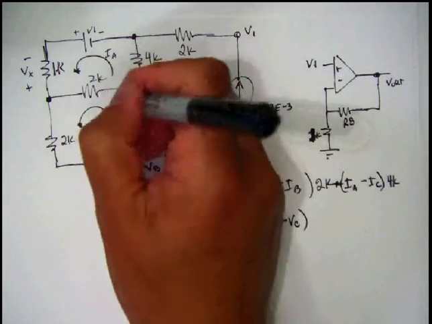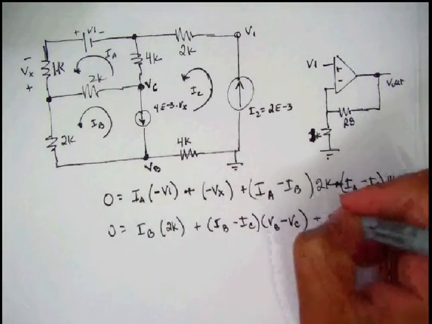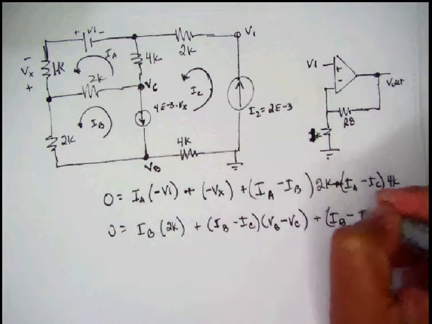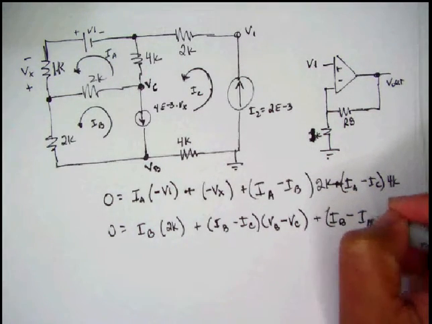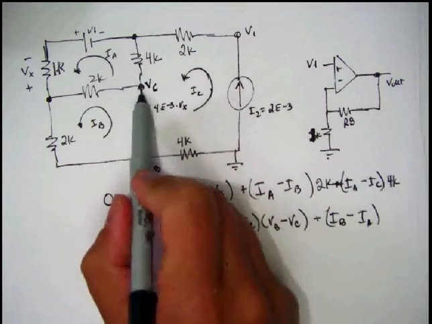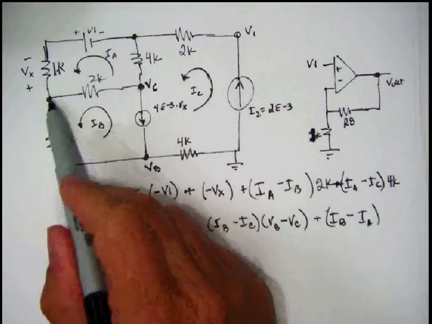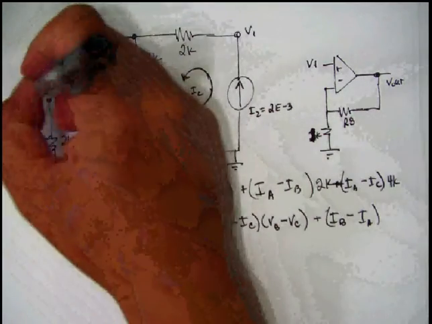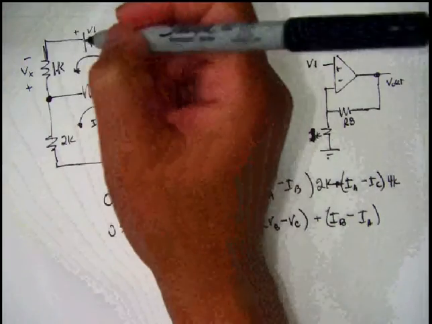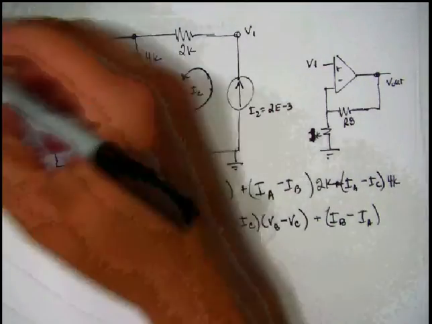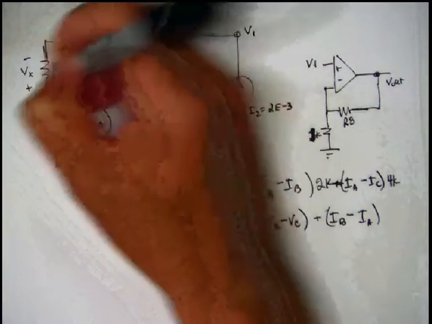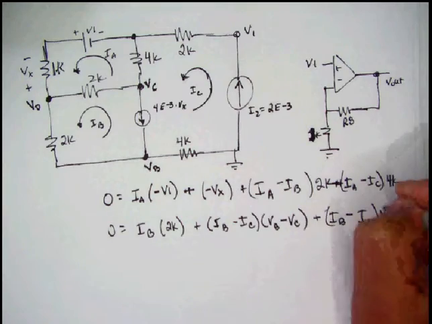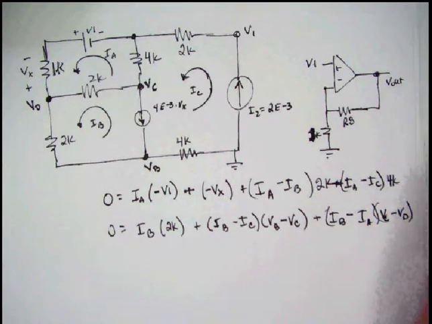And then through here, in this direction, we've got IB minus IA, because it's going in the other direction, times the voltage drop, which would be VC minus, what's that right there? So we're going to need another unknown there. Let's call this VD. So it's VC minus VD. And that's our second loop equation.